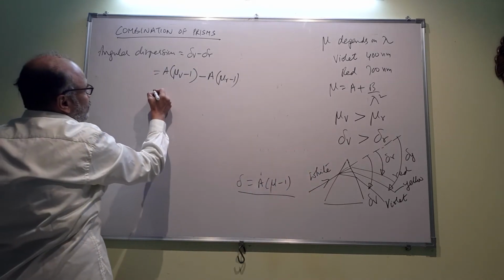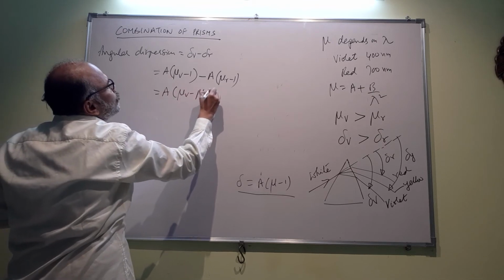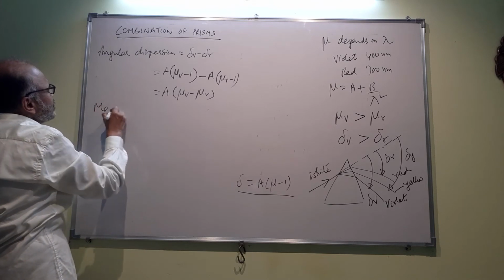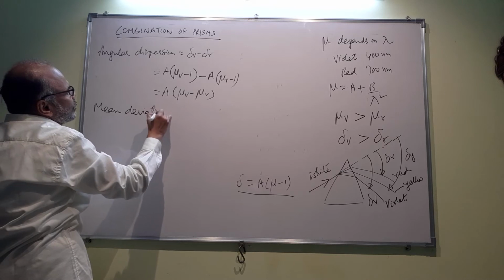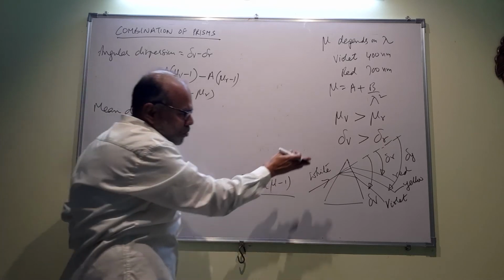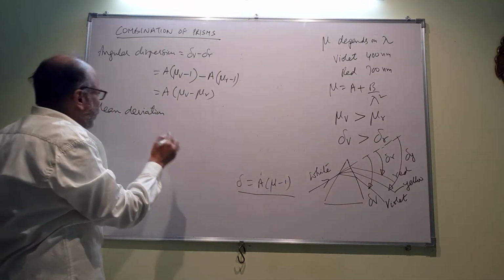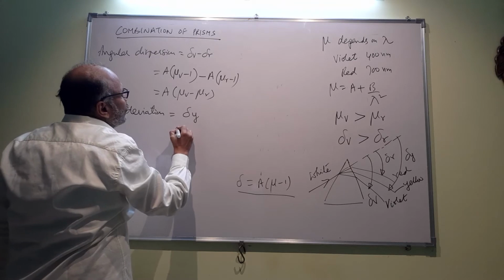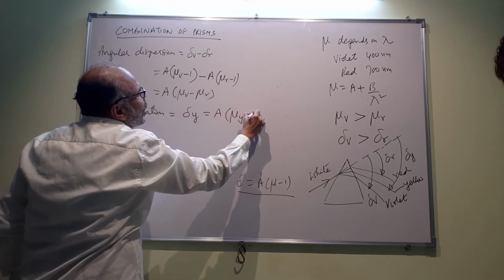So this will result in A into mu V minus mu R. That is the angular dispersion. The mean deviation: because the deviations are different, we talk about the mean deviation. The mean deviation is generally taken for the yellow ray. The mean deviation is given by del Y, which is nothing but A into mu Y minus 1.